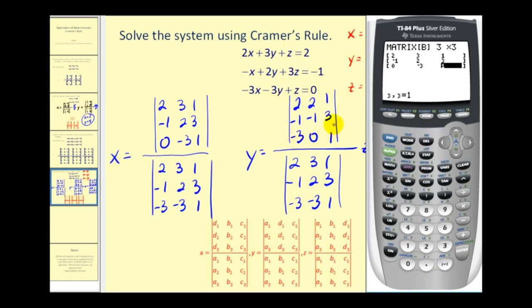Let's enter this in as matrix C. Three by 3. So we have 2, 2, 1, -1, -1, 3, and -3, 0, 1.